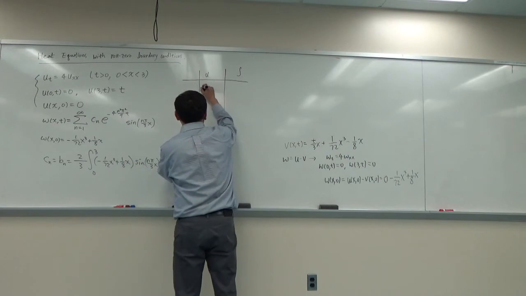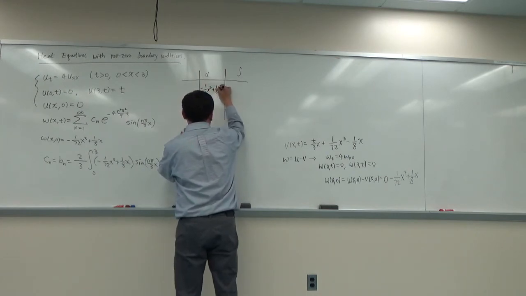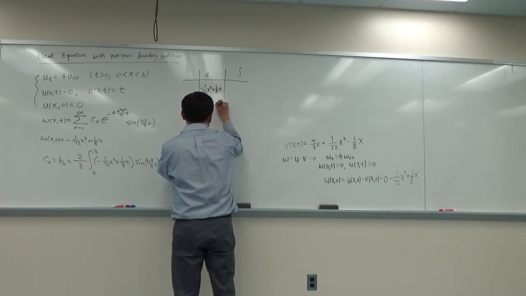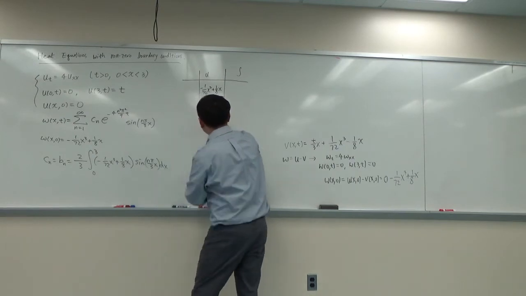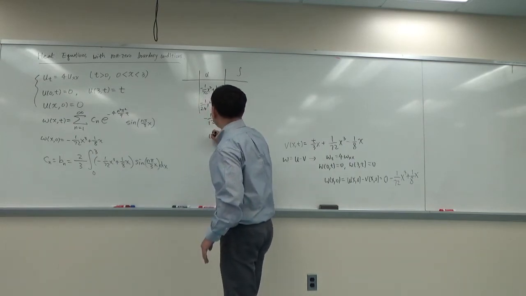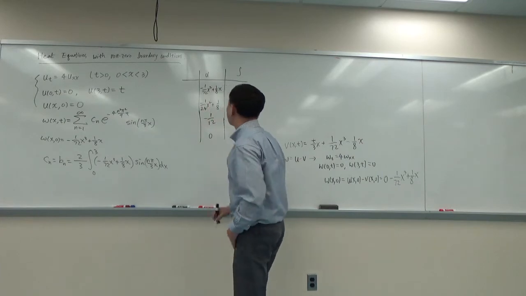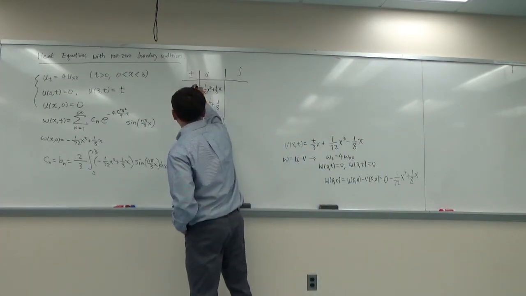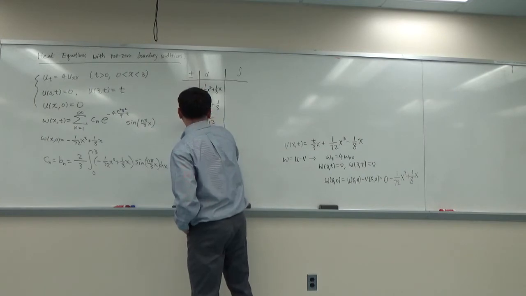You have negative 1 over 72 x cubed plus 1/8 of x. Differentiate, you get negative 1 over 24 x squared plus 1/8. Differentiate again, you get negative 1 over 12, then 0. That's what you get. And then plus, minus, plus, minus.